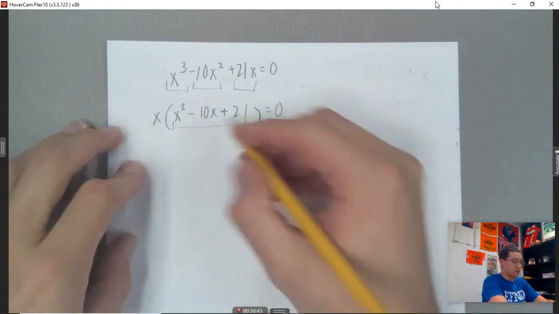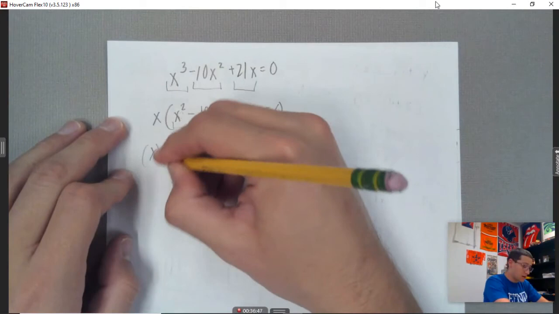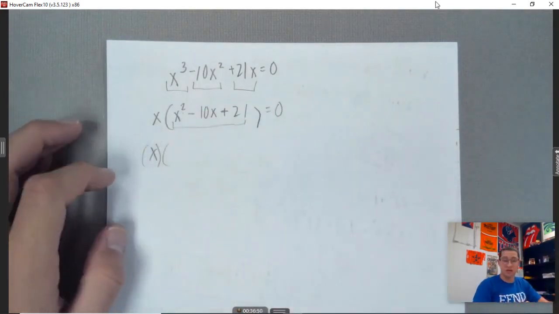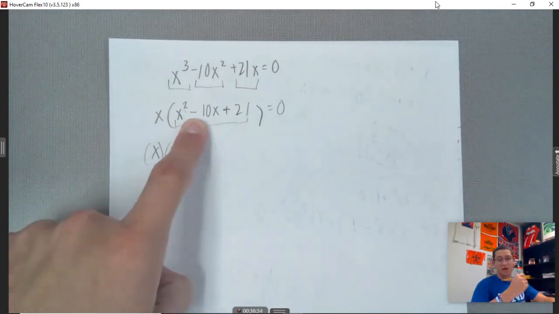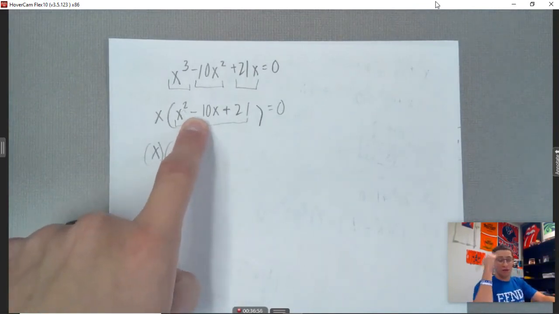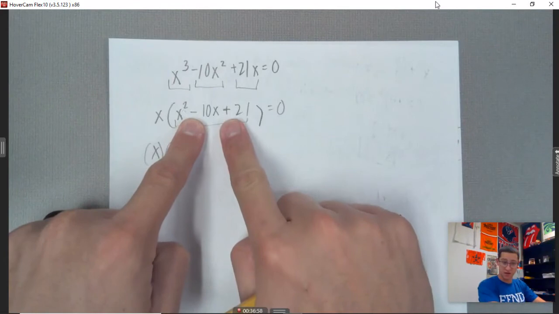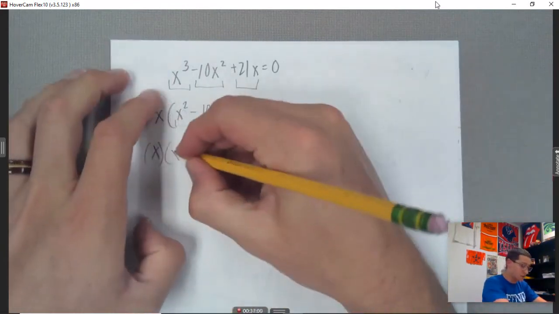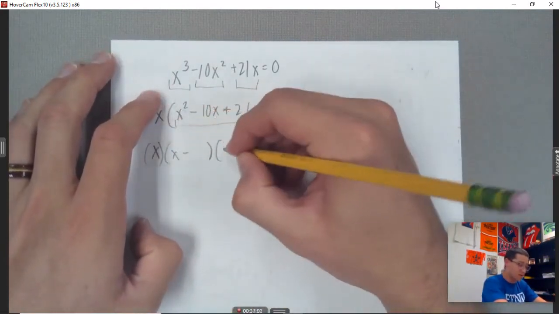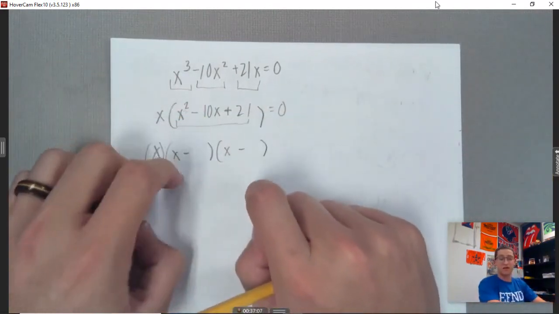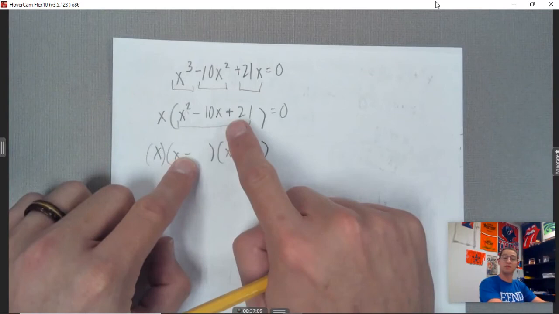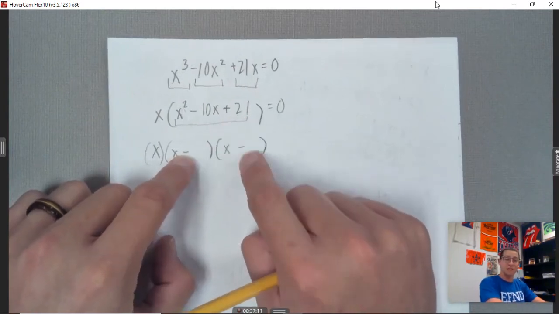So I want to factor this, and with practice you get very good at this, right? I'm noticing immediately that I have a negative here and a positive here, so I know I'm going to have two negatives. The only way to get a positive is a negative times a negative. And then I'm adding these two together.